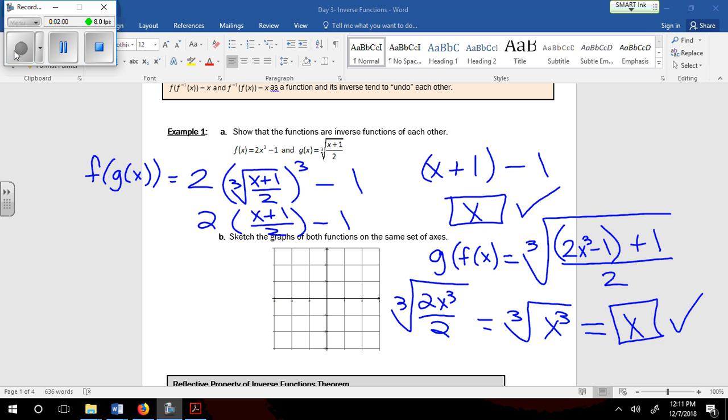So if I were to graph these two functions, I can just do a little x and y chart.